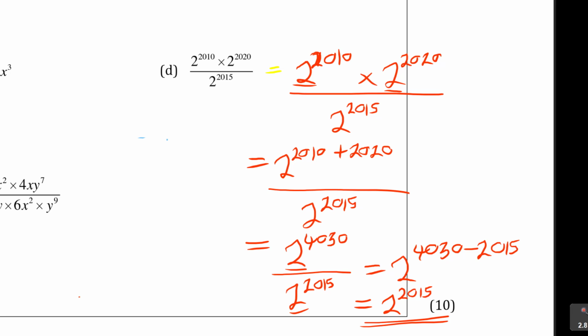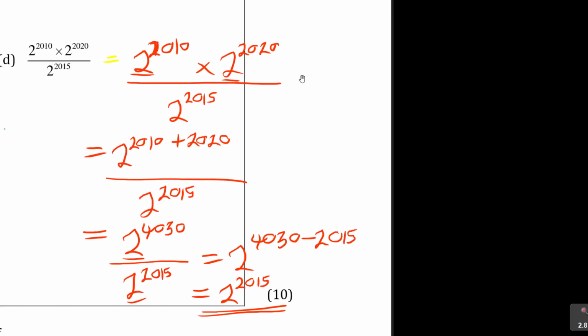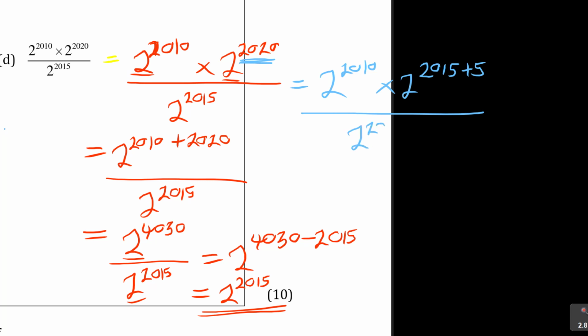That's it. You don't have to force it. You don't have to worry about this. You just have to simplify that. Someone can come here even and do this. Just playing with you now. Look at this. You know that this has got 2015. So I can say 2 to the power 2010 times 2 to the power 2015 plus 5 over 2 to the power 2015.